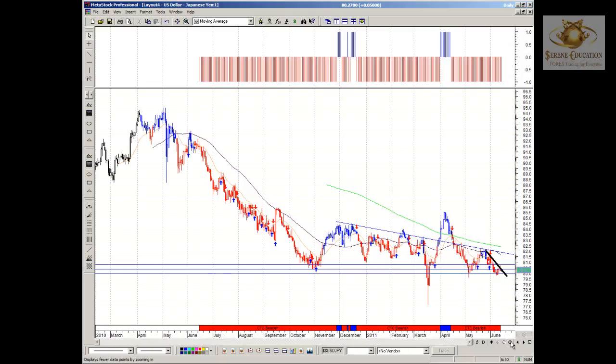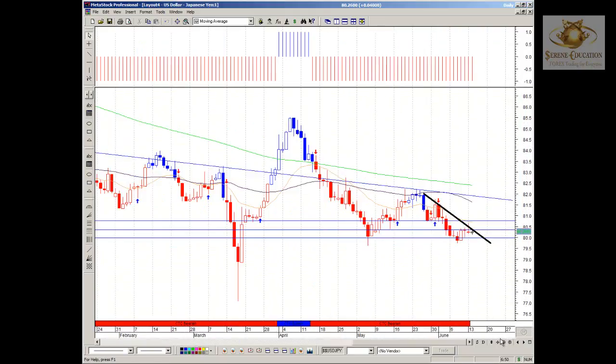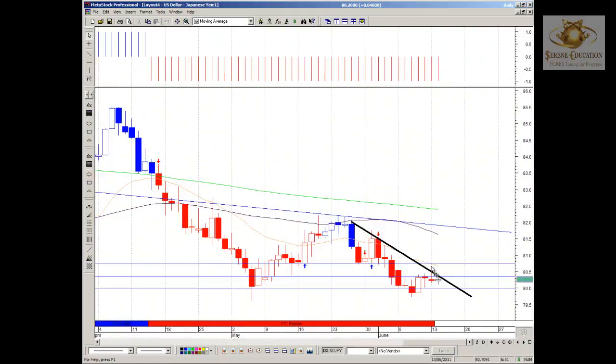So the major trend is negative, and intermediate is also negative, and yesterday's candle pretty much pierced higher, but traded down at the low end of the range, which doesn't give you a great feeling that there's going to be any further upside movement.